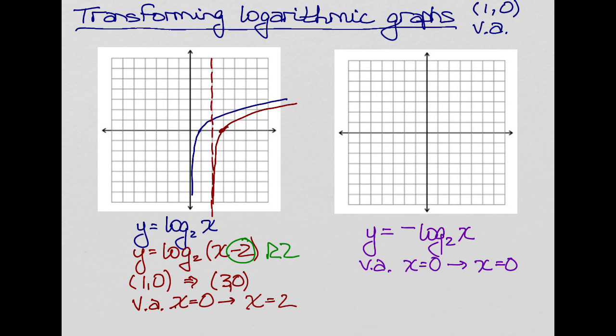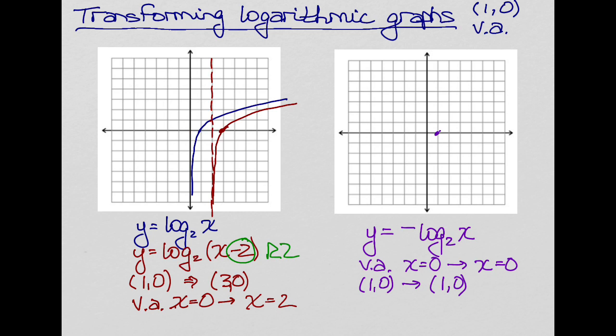My point, (1, 0). Well, everything above the x-axis moves down when I reflect. Everything below the x-axis moves up if I reflect vertically. The point (1, 0) is on the x-axis. So if I reflect it over the x-axis, nothing happens, since it's on the line that I'm reflecting over. There it is.